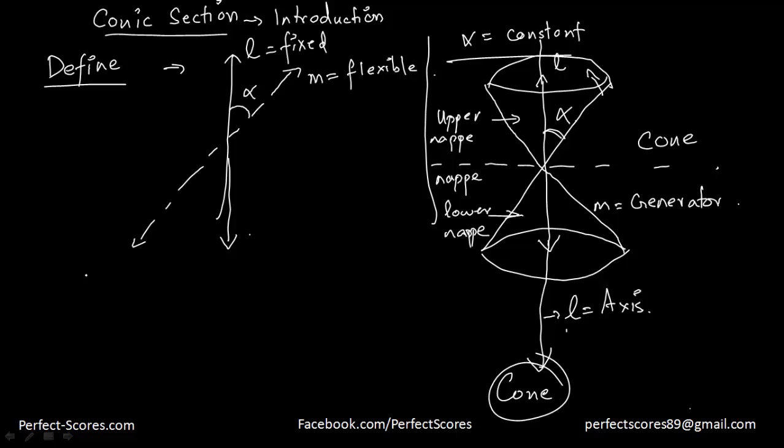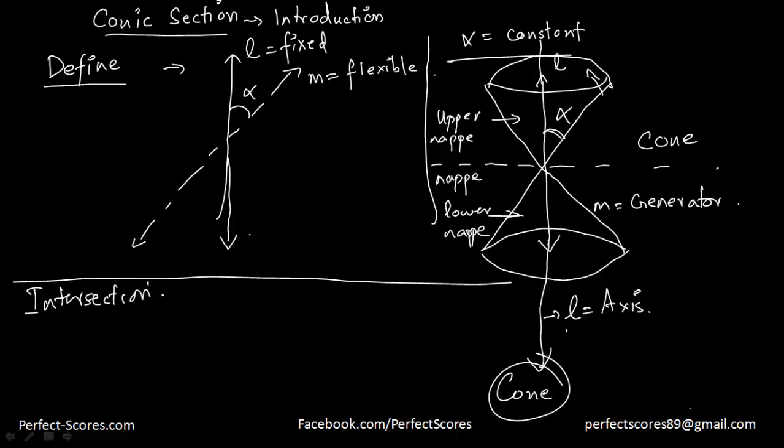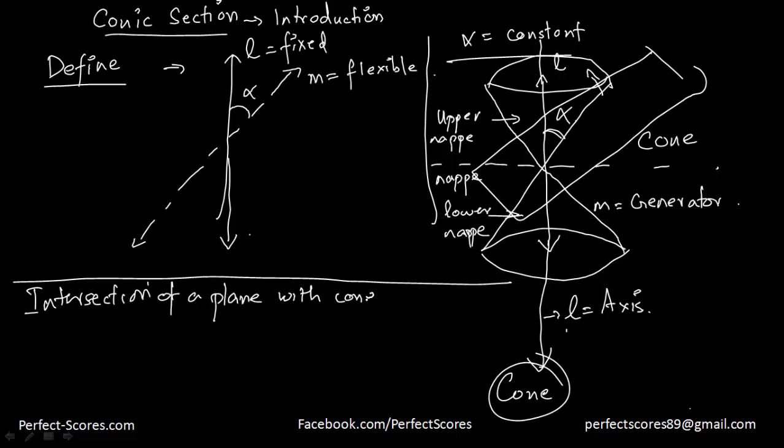And the intersection of a plane, by which I mean a particular plane, something like this, with the cone is known as the conic section. Let's suppose I have a knife and I cut the cone into different parts.